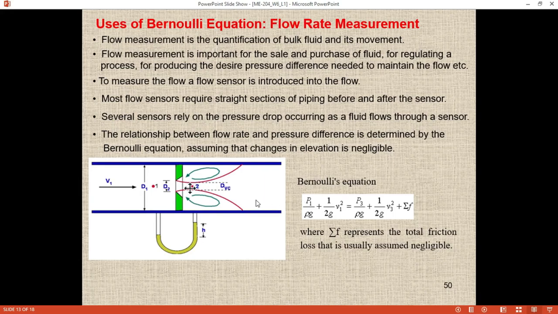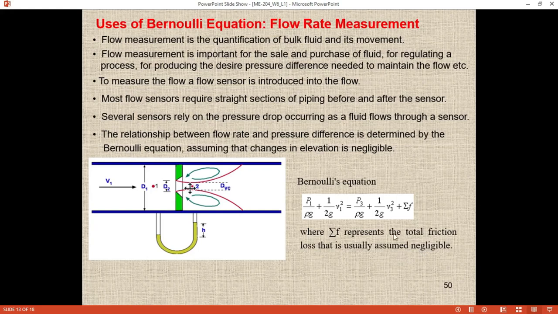Consider this is point 1 and this is point 2 or 3. It indicates that the total energy at point 1 is equal to the total energy at point 3, plus the friction losses, where sigma f represents the total friction loss. It is usually assumed negligible.